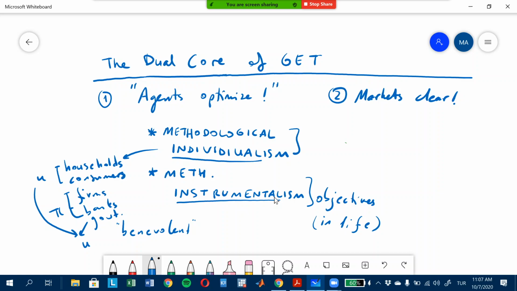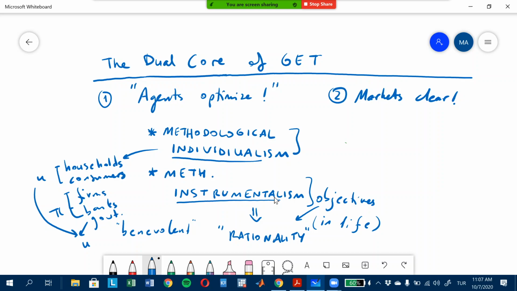And so you can actually use rationality here, right? People are going to meet the objectives they have in their life, and they're going to be rational in that sense.